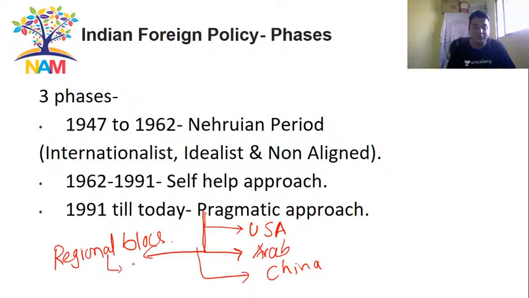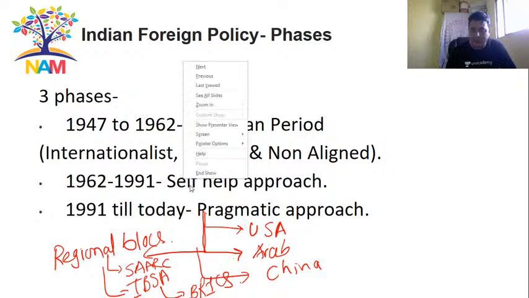And regional blocks, we mention SAARC, IBSA, BIMSTEC, and one more thing, that is BRICS. Such kinds of approaches India adopted in this pragmatic phase.